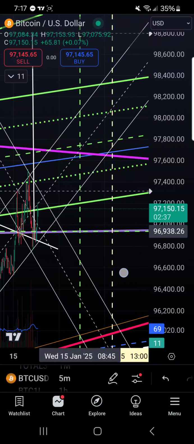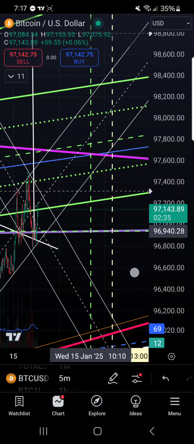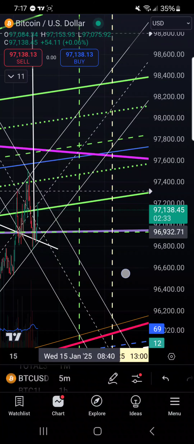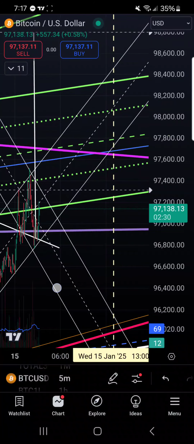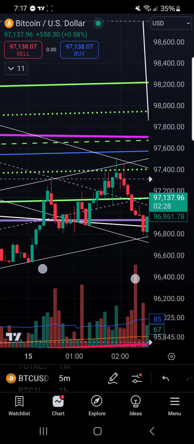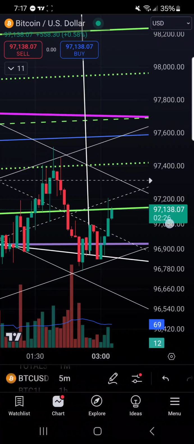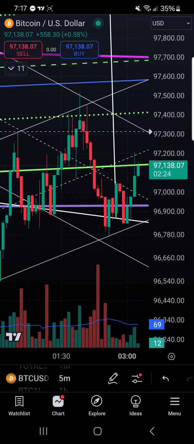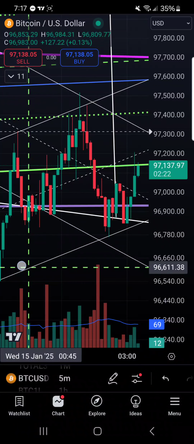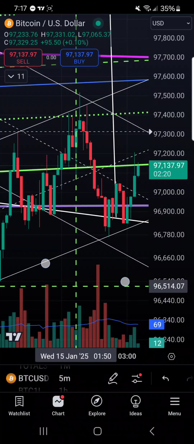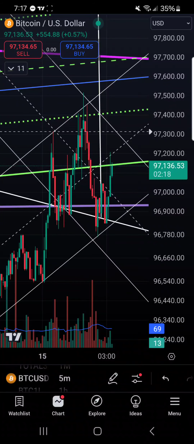Very, very tippy tops, and I'm not going to go back and show you because we're on a 5-minute. Anyway, that's that line, pretty exact. And as you can see, we've been dancing around it here for the past couple hours or so. Are we going to break above it, break below it? We don't know.